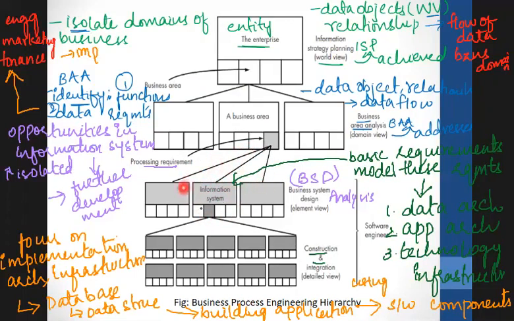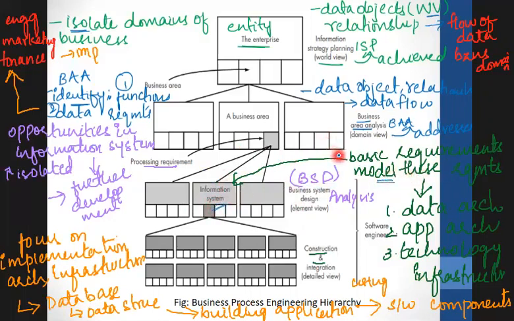Now within this information system, that is the element view, this BPE is going to implement the element view by BSD, that is the business system design. Now if we consider the software engineering term, it is called the analysis part. Within this analysis part, you're going to identify what are the basic requirements. Now when you identify the basic requirements for the information system, you're going to start modeling the requirements.